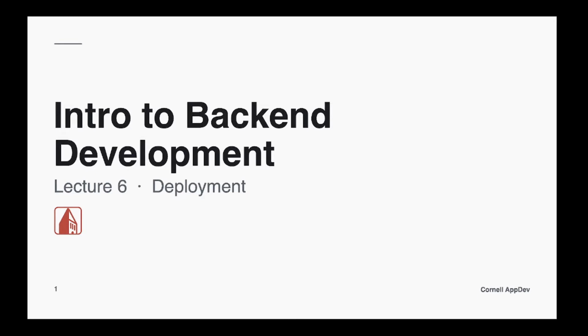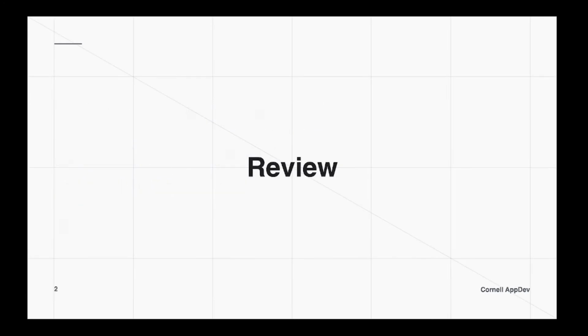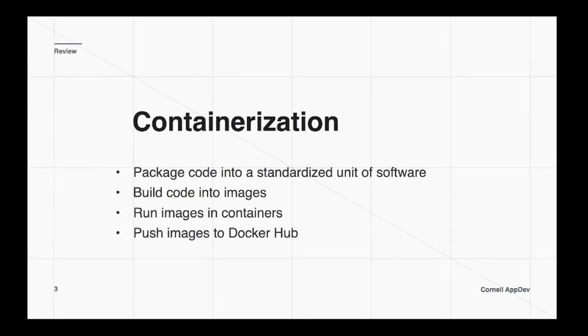We're talking about deployment, but before we get into that, let's go over some review on containerization. Remember that with containerization, we're essentially packaging code into this unit of software that will be able to run on any kind of platform. And we do that by building our code into images by using Docker build. And then we want to run these images in containers.